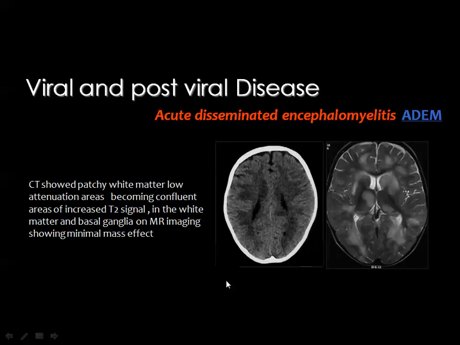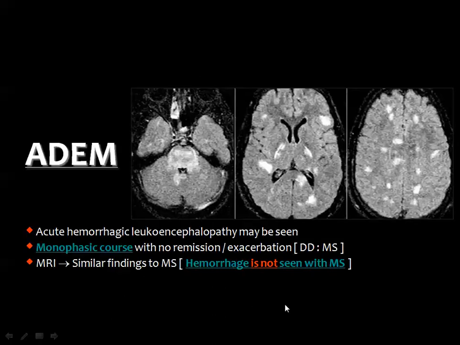And this is an example of acute demyelinating encephalomyelitis by CT with patchy hypodensities within the white matter. And MRI is, of course, more sensitive for detection of these lesions. And you see in the T2 weighted image multiple patchy areas of abnormal signal in the white matter as well as in the thalami.